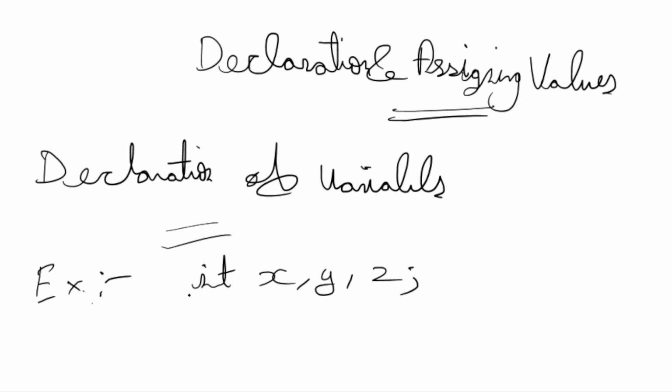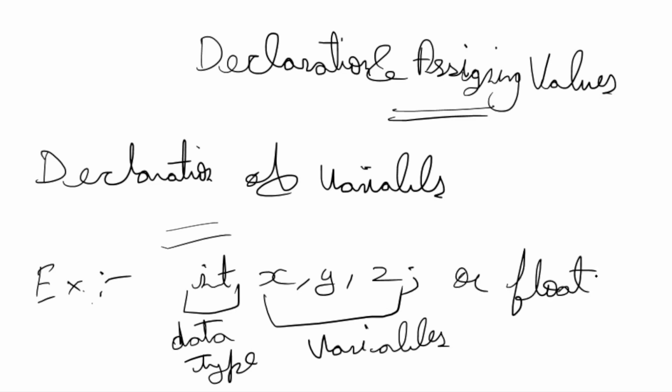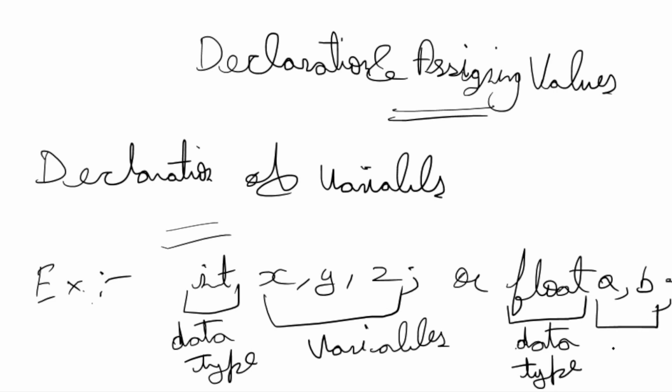Int is your data type, and x, y, z are your variables. Or you can take float, which is your decimal part, float a, b. Float is also a data type, and a, b are your variables.